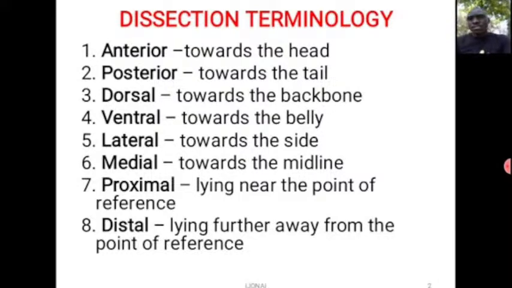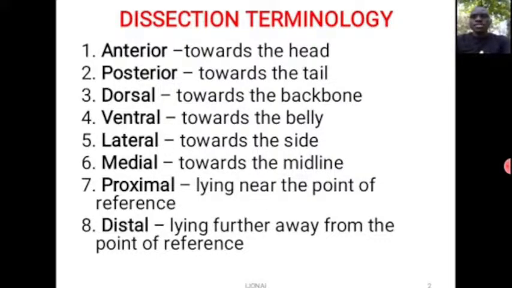So one of the terms is anterior. This term you must have come across even from your O level. Anterior simply means towards the head. If something is anteriorly located, it means it's located at an area towards the head. And then we have posterior.